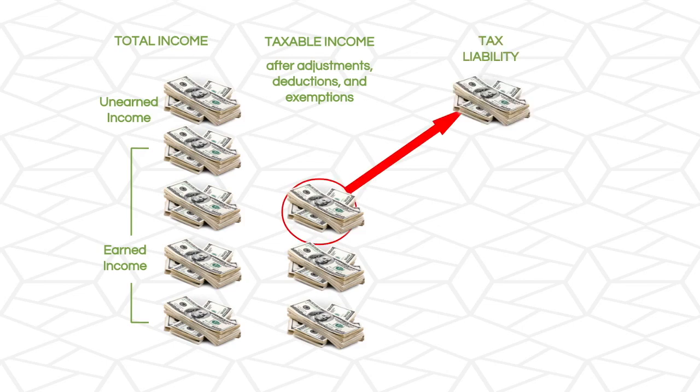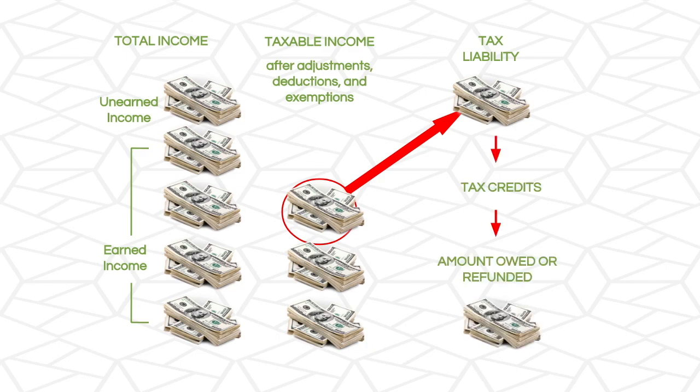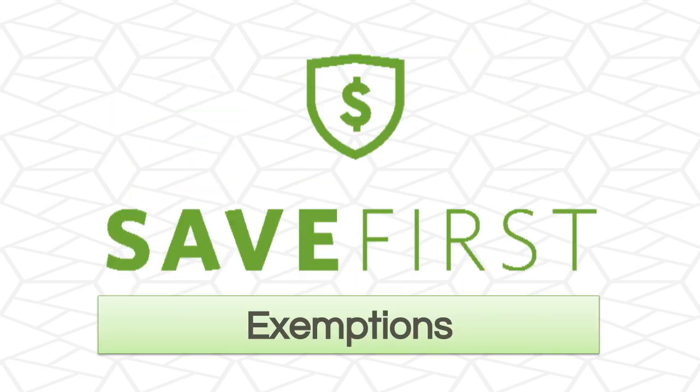From there, we multiply our taxable income by the tax rate, and that gets us our tax liability. Then we subtract out our tax credits, and that leaves us with our amount owed or refunded. So that's just a high-level overview. Let's move on to exemptions.